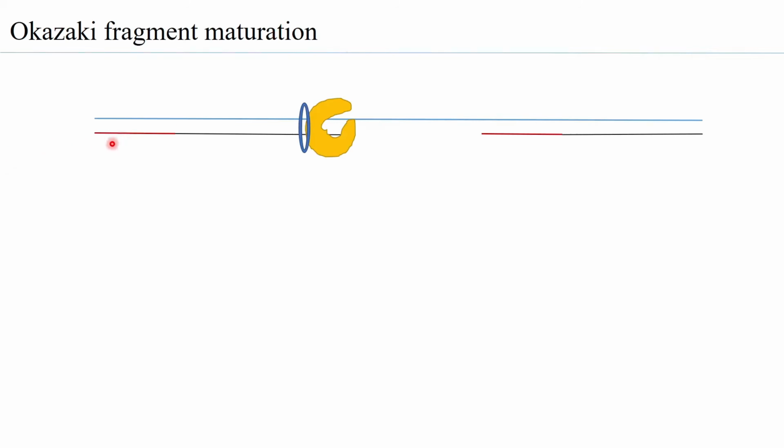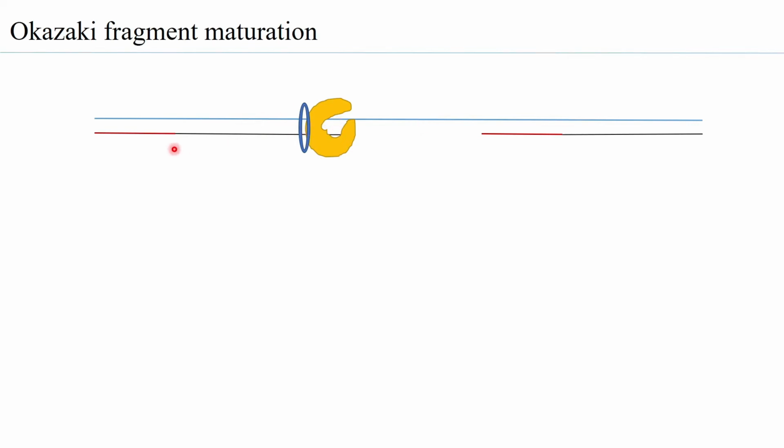So let us consider that you have a primer template junction to which PCNA was loaded, and from there on DNA polymerase delta has started synthesizing new DNA using the lagging strand template.